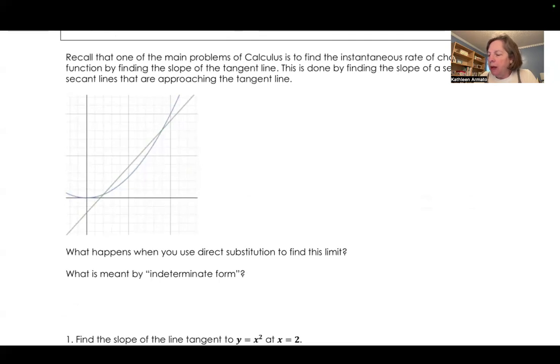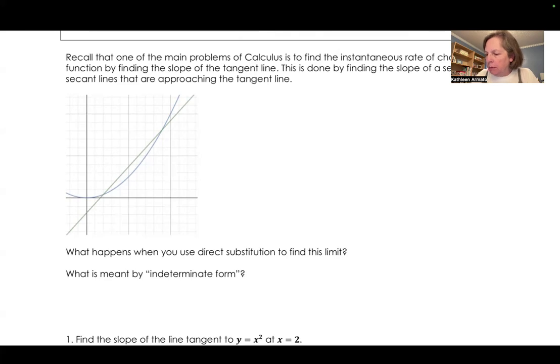We talked about how one of the main problems of calculus is to find the instantaneous rate of change of a function. And we do that by taking a series of secant lines that are approaching the tangent line.